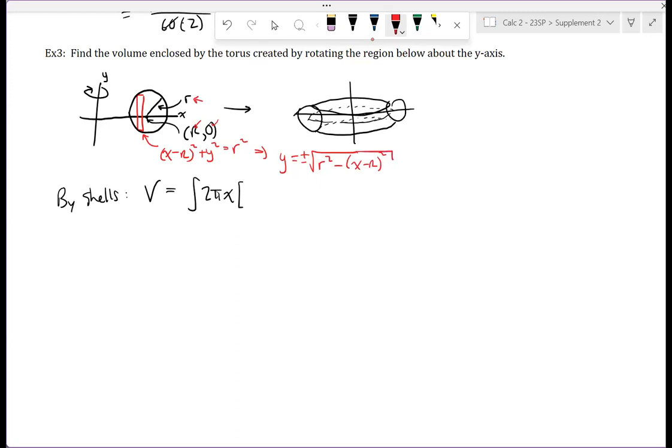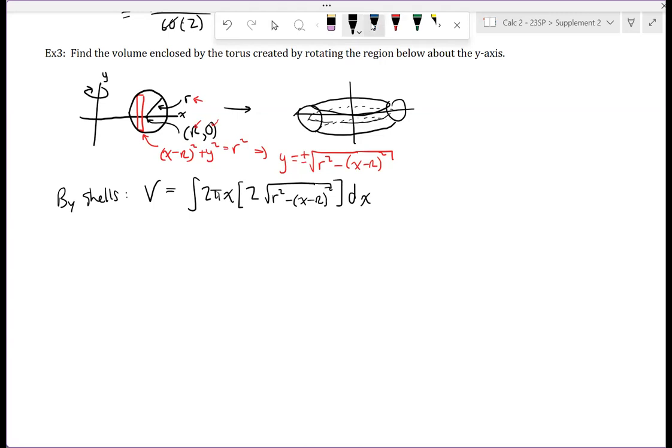So that's my y, and the plus is going to represent the top half and the minus the bottom half. And so I see that the height of this shell is going to be top half minus bottom half, but that's plus minus a negative of the same thing. So that's just twice the square root. Okay, and that is dx.